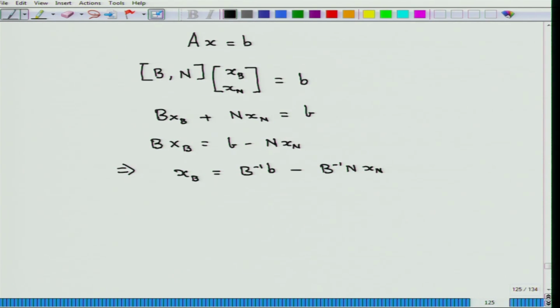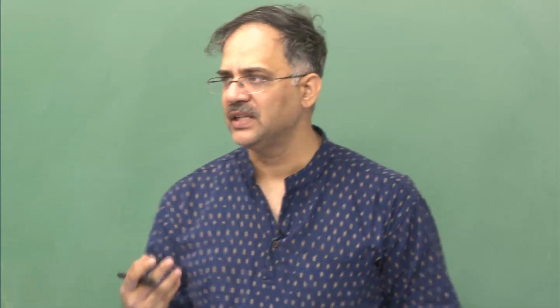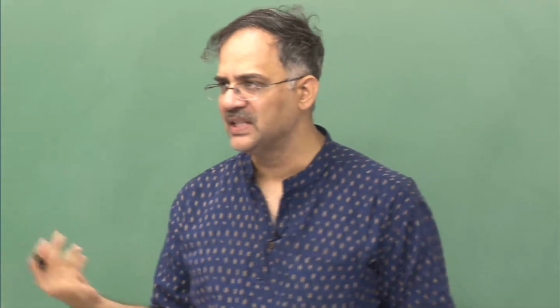So, what do I get from here? x_N is free. If I can choose whatever x_N I want, I can put any value to x_N, then I can get x_B, and hence I get the vector x.